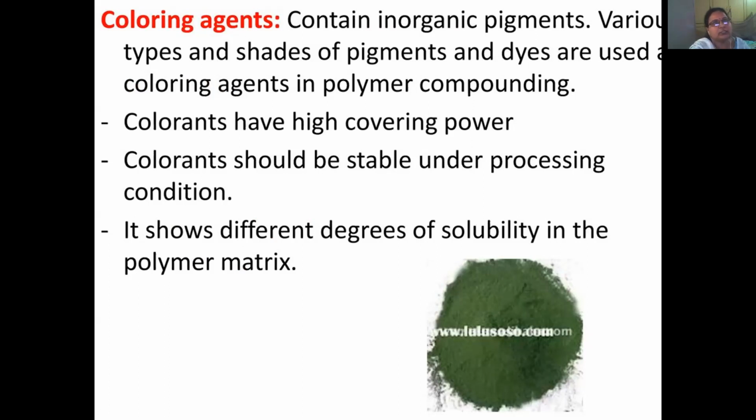Similarly, whichever chemicals we add give a particular color to that particular product. So colorings have high covering power. They are stable under processing conditions and show different degrees of solubility in the polymer molecules. So these coloring agents only make the product colorful and decorative so that we can buy them.